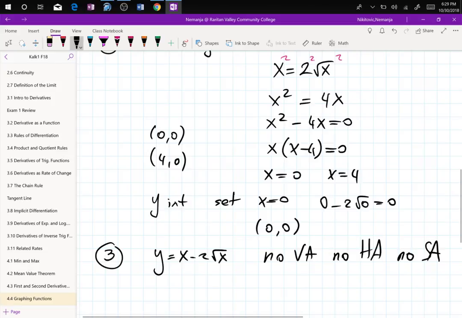Guys, this will change. If you had x minus ln x, ln x has a vertical asymptote at 0, right? So there will be an asymptote there. Because we have a root, x has no asymptotes, done. Also, if you have a rational function, denominator x plus 1, there's a vertical asymptote at negative 1, right?